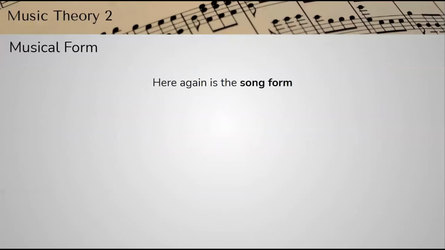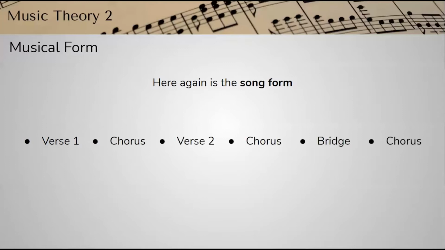All right, let's apply this to that song form again to reiterate and illustrate this in a more familiar way. So in our song, we had a verse, a chorus, verse 2, chorus, bridge, and chorus. So there are some repetitions of things, like the choruses repeat, right? The verses kind of repeat, and then the bridge is a different thing.